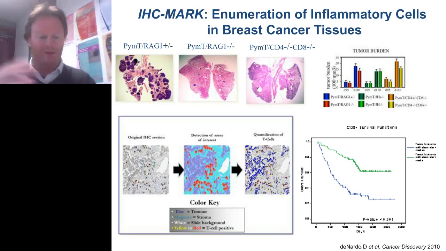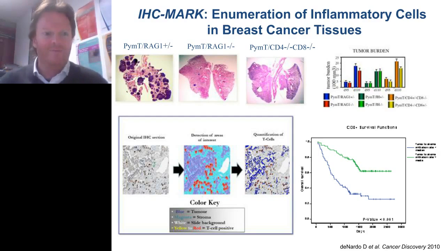So the primary tumor is exactly the same, but removing the effect of inflammatory cells completely impacts on whether or not these breast tumors move from the breast and move to the lungs. And considering that the vast majority of patients who die from cancer die from metastatic disease, being able to modulate the level of metastasis is obviously something that was very important.